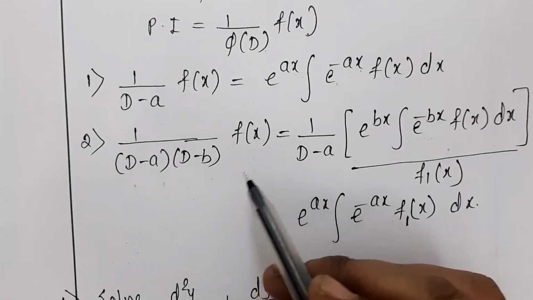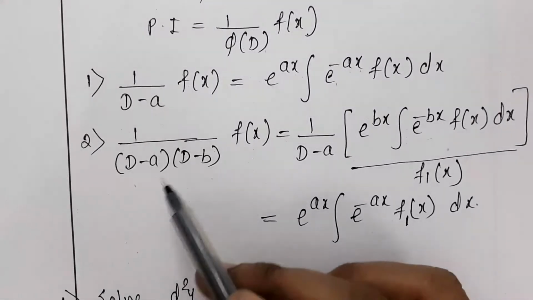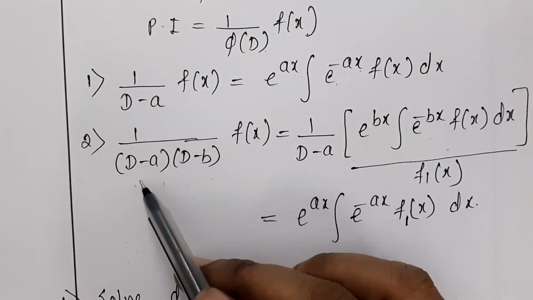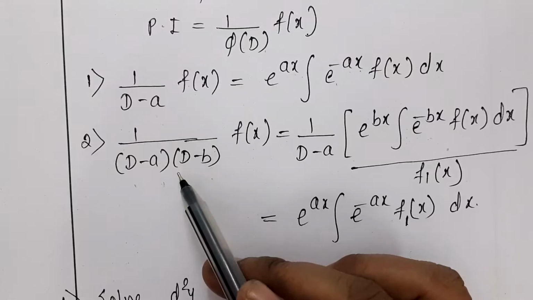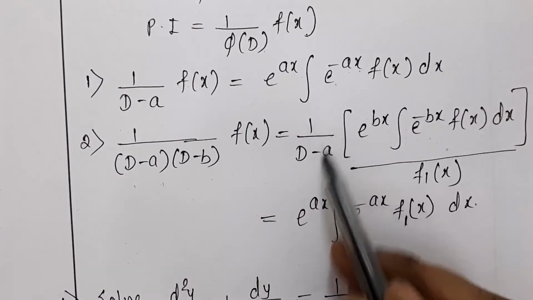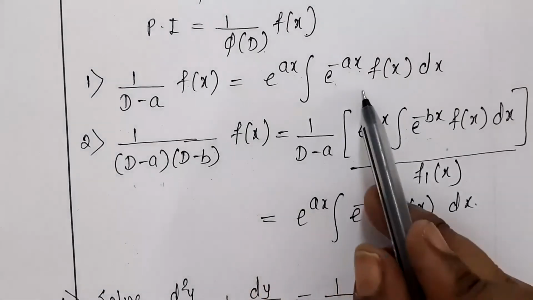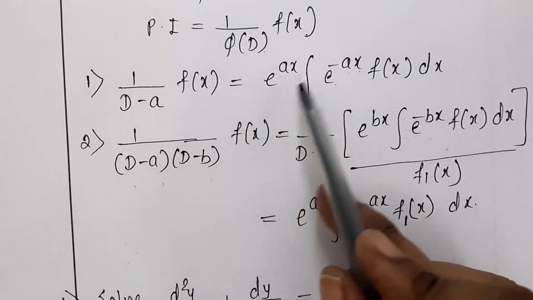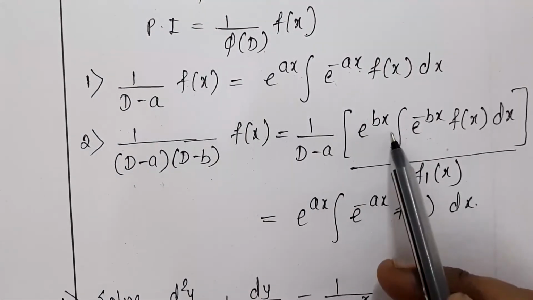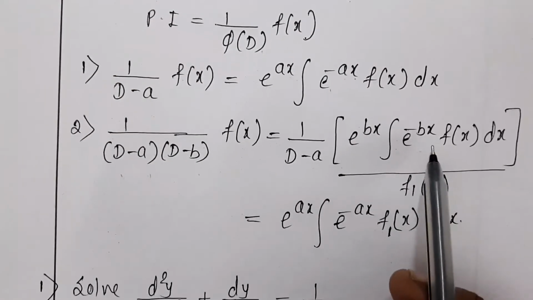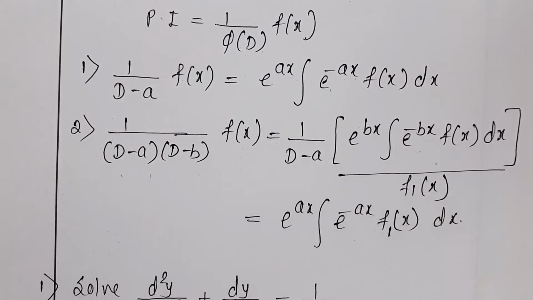Suppose instead of one term we have two factors, 1 upon D minus a into D minus b into f of x. Then we operate one factor at a time. First we operate 1 upon D minus b or D minus a; any one factor you can operate first. So I am operating 1 upon D minus b first. The formula is e to the power bx, integration of e to the power minus bx f of x into dx.